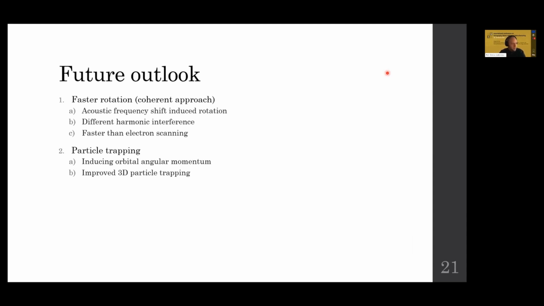So what we foresee in the future is use of coherent approaches. Here we used spatial manipulation of the holograms, but we would like to detune one good quality spatial temporal beam into 2 parts and basically produce gigahertz and higher frequency rotating beams.